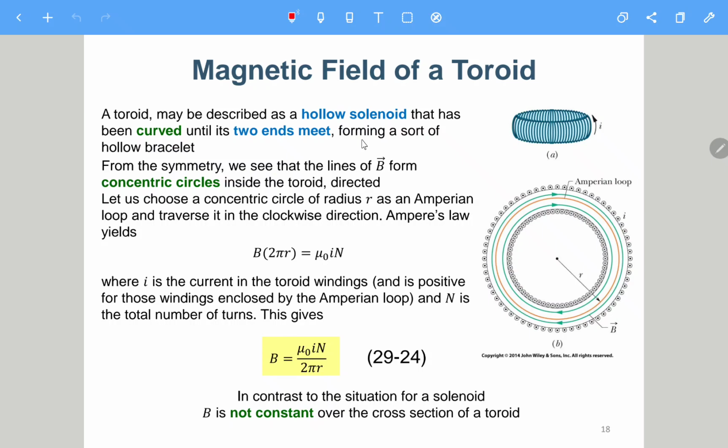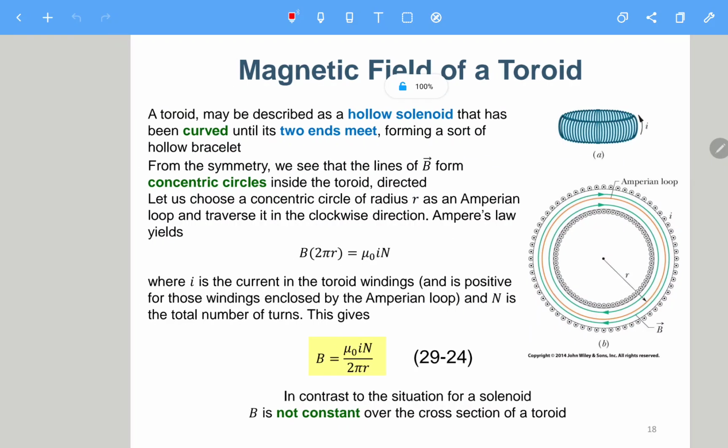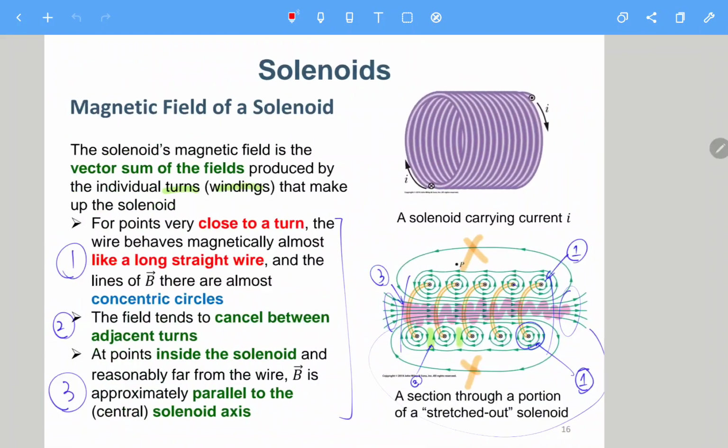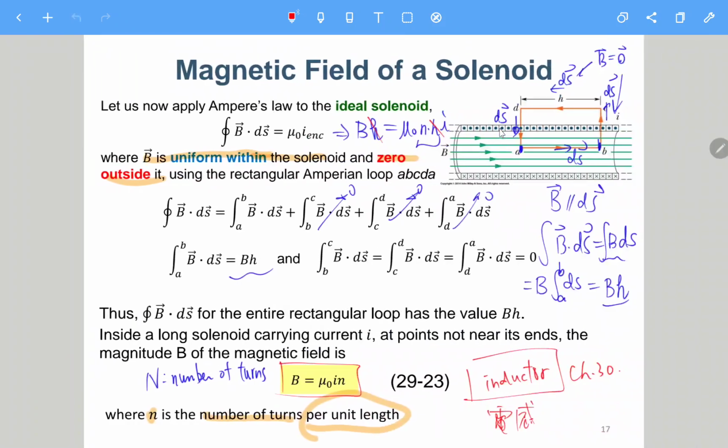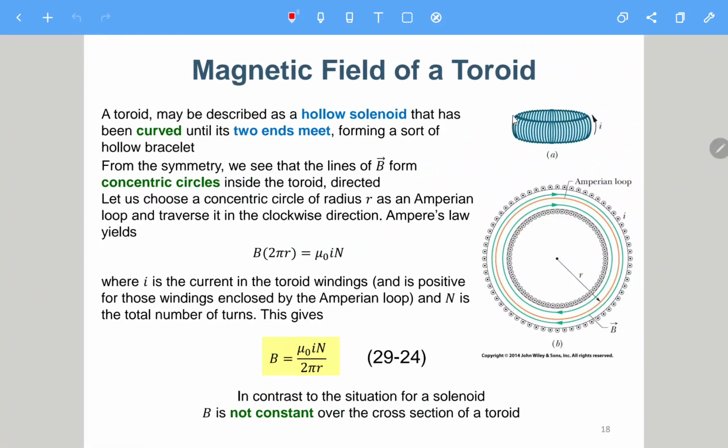So at the very beginning you have a solenoid, but of course it should be longer, and then you try to bend it so the two ends touch each other. So it forms a toroid, a sort of hollow bracelet, just like a 手链 bracelet.